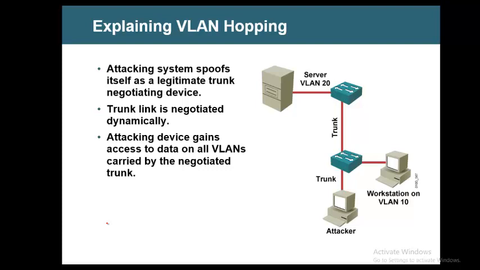Let's say he wants to talk to the workstation, then he puts some packet in VLAN 10 and sends it to the workstation, which is on VLAN 10. If he wants to talk to the server, he generates traffic with VLAN 20 and sends it over the trunk link, which he negotiated, and now he gains access to the server. This is what is called a VLAN hopping attack.